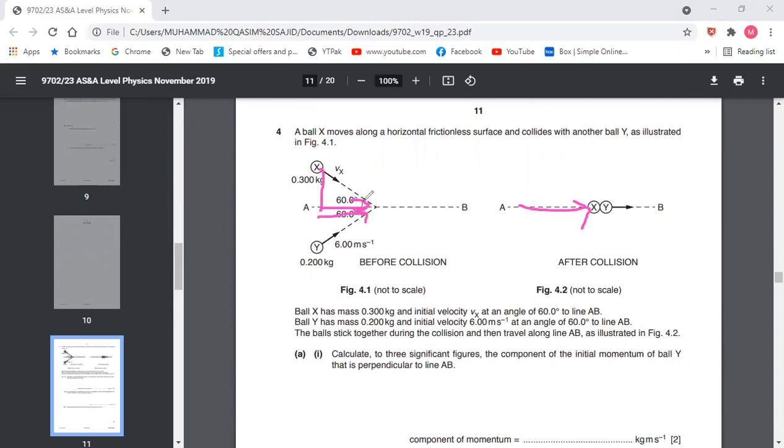Yes sir. So this must be for this one, it must be 0.3 for x. The velocity we calculated equals to 4. Now this component is the base equals to cos of angle 60 degree plus the second one, 0.2 into 6 multiplied by cos 60.